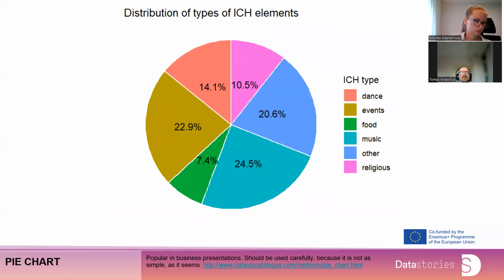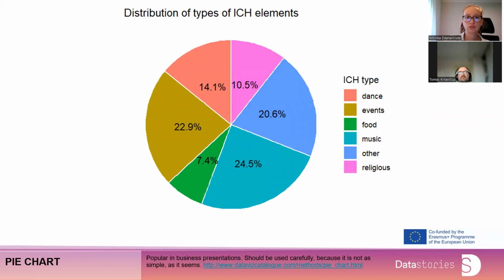Okay, again, a very popular type of chart, the pie chart. And it's a very common chart to see how things are distributed, if you take 100% of something and look at different percentages. And again, here is the distribution of ICH elements.